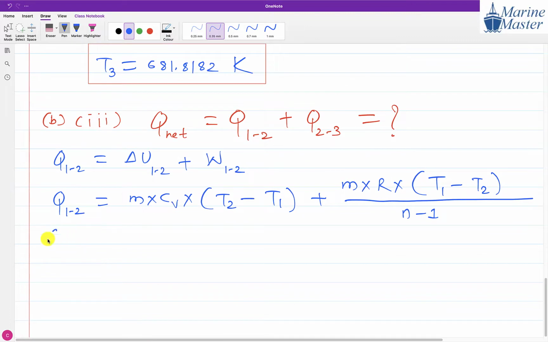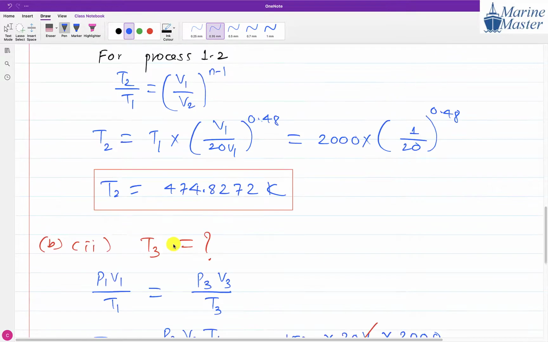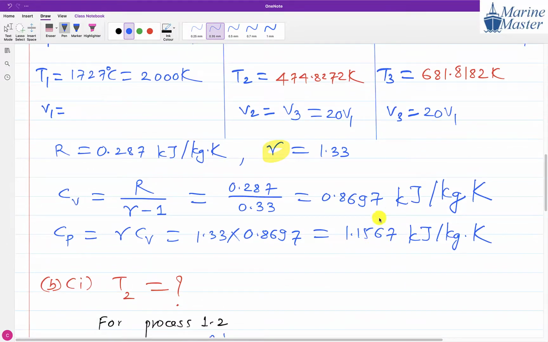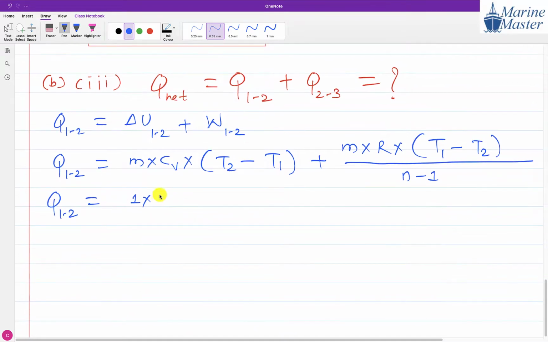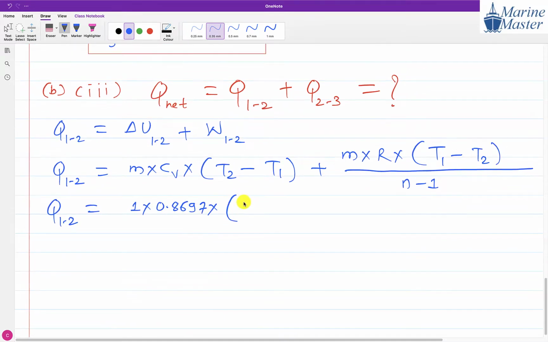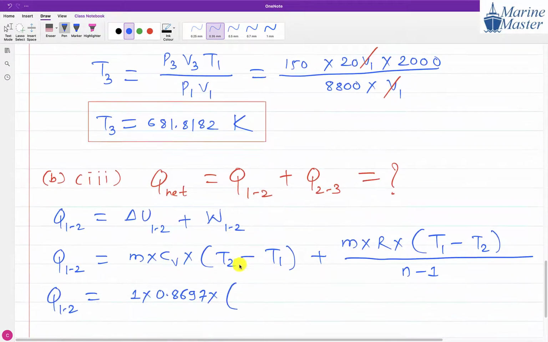So we will put in all the values. Mass, per kg basis, is 1 kg. Cv we got in the beginning as 0.8697.